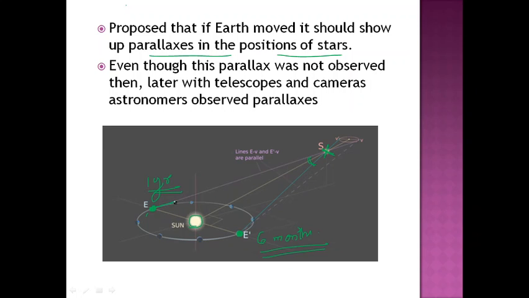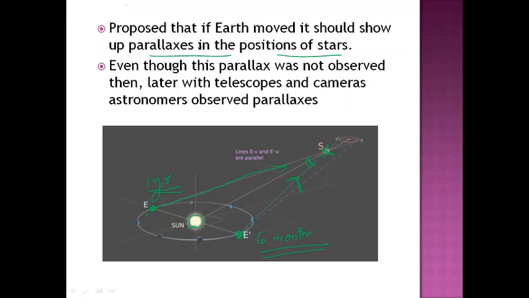For example, if you are looking at the star at one particular month in this direction, then after 6 months, if you are observing the same star, the angle should be changed. The angle of the telescope or whatever observing device we are using should be changed. Even with bare eyes, we need to change the angle we are looking. So that is measured in parallax.